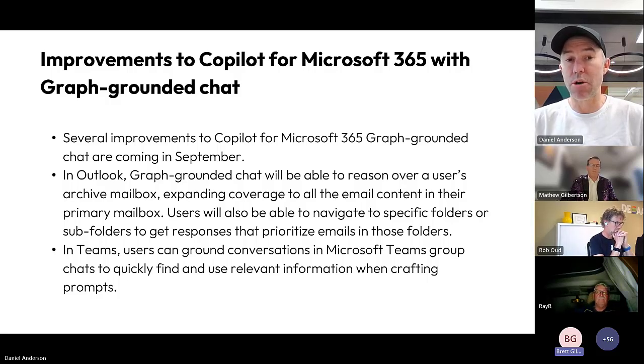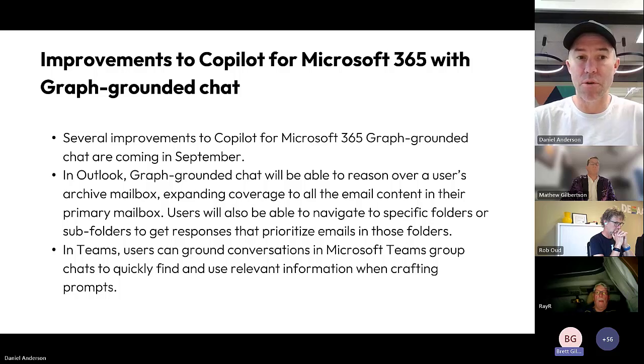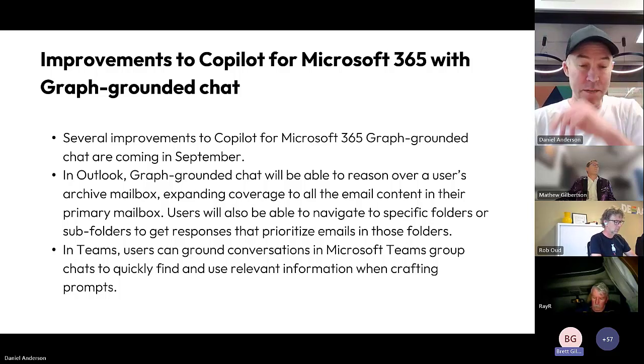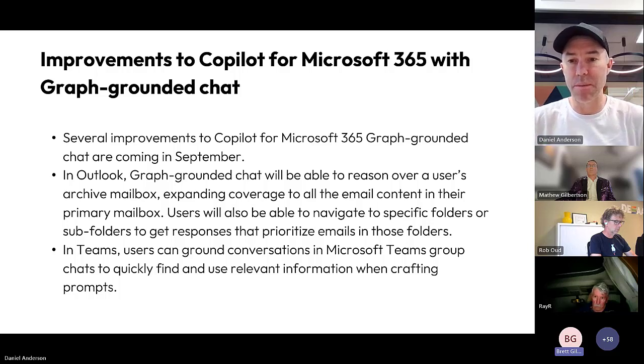Now, this is a big one as well: improvements around Copilot in M365 for graph-grounded chat. There's a lot of improvements coming here. In Outlook, you're going to be able to reason over a user's archive mailbox as well, expanding that coverage to all of the email content in the primary mailbox, and also navigating specific folders or subfolders in responses. So thumbs up there, that's obviously something that is going to bring some value.